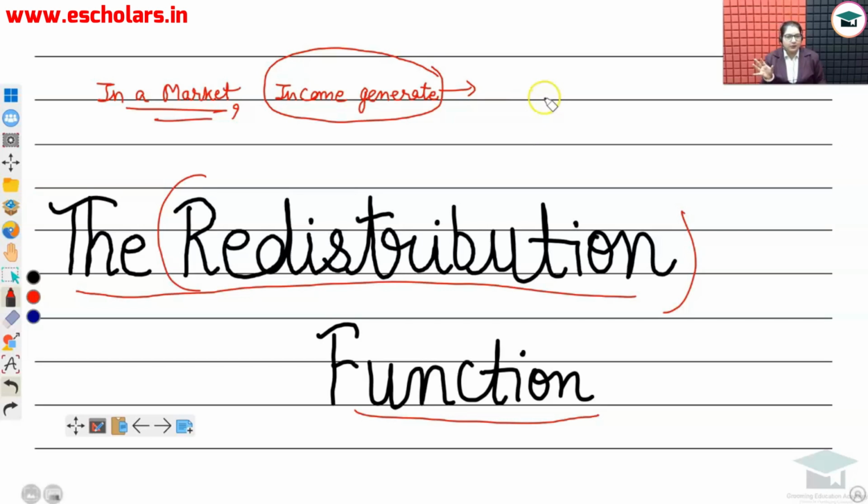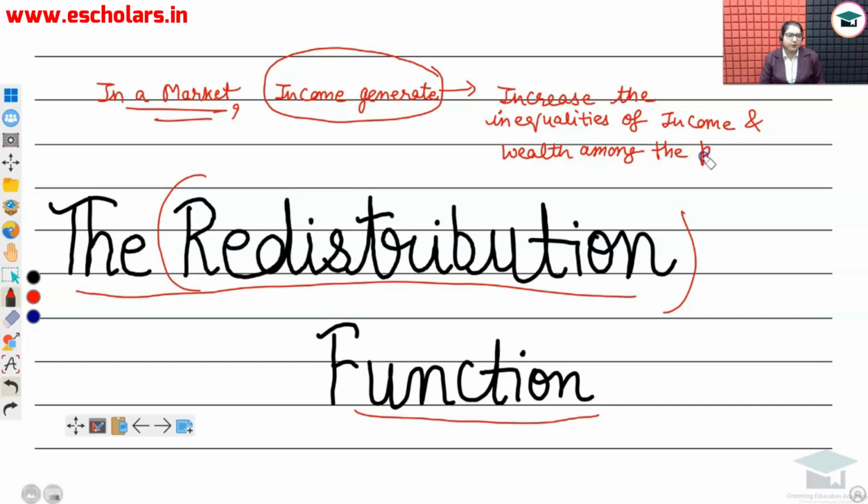That is, the income which is generated in the economy will be distributed among the people in such a way that it will increase the inequalities of income and wealth among the people living in the economy.